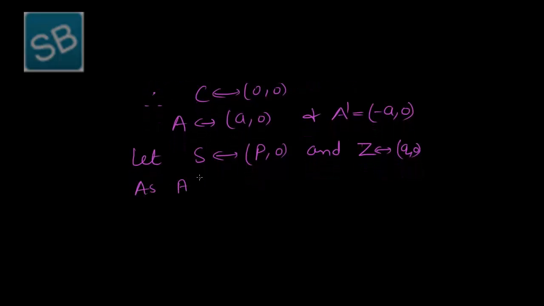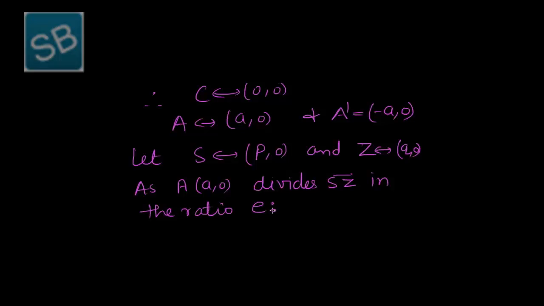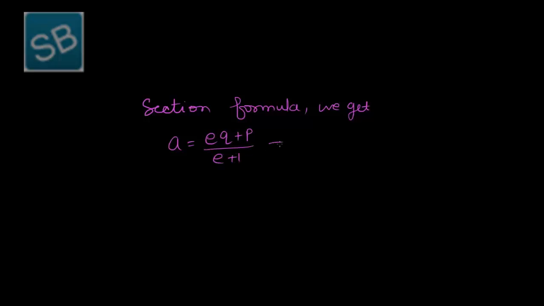As A with coordinate a, 0 divides SZ in the ratio E is to 1 from S, then by section formula we get a is equal to (eq plus p) over (e plus 1).